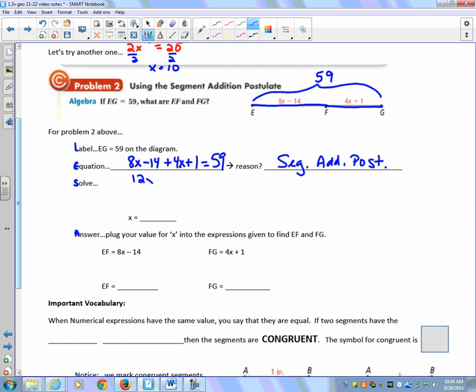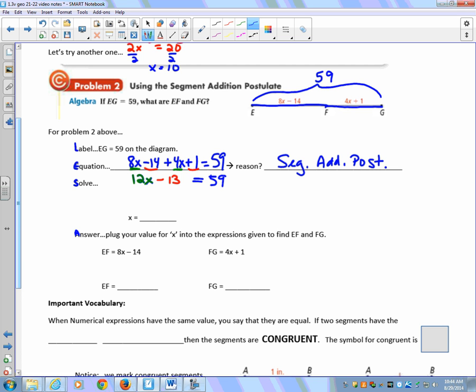I get 12x when I combine the 8x and the 4x. And then I combine my negative 14 and the plus 1, and I get minus 13. And the whole thing equals 59.